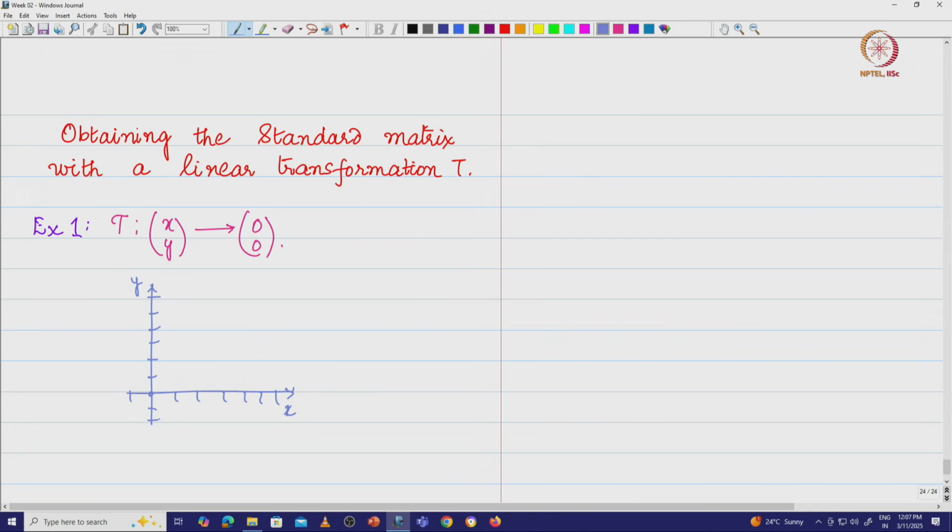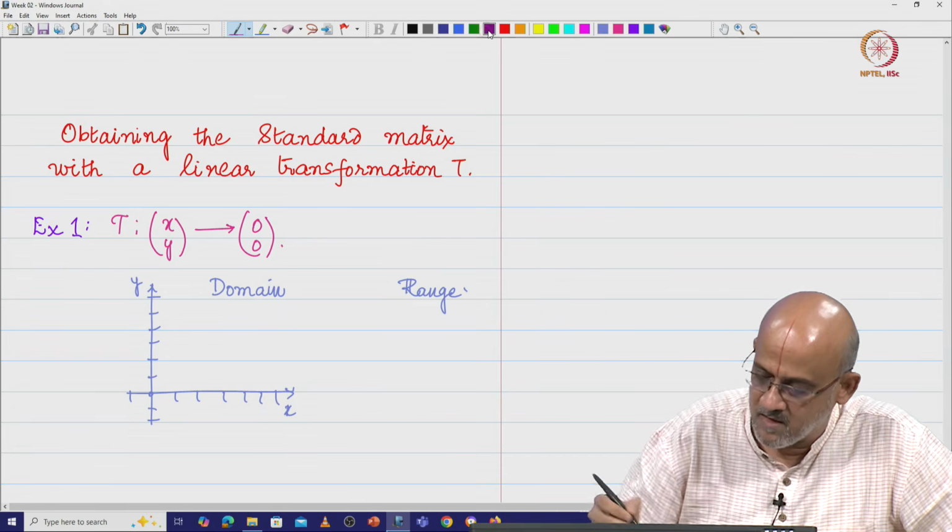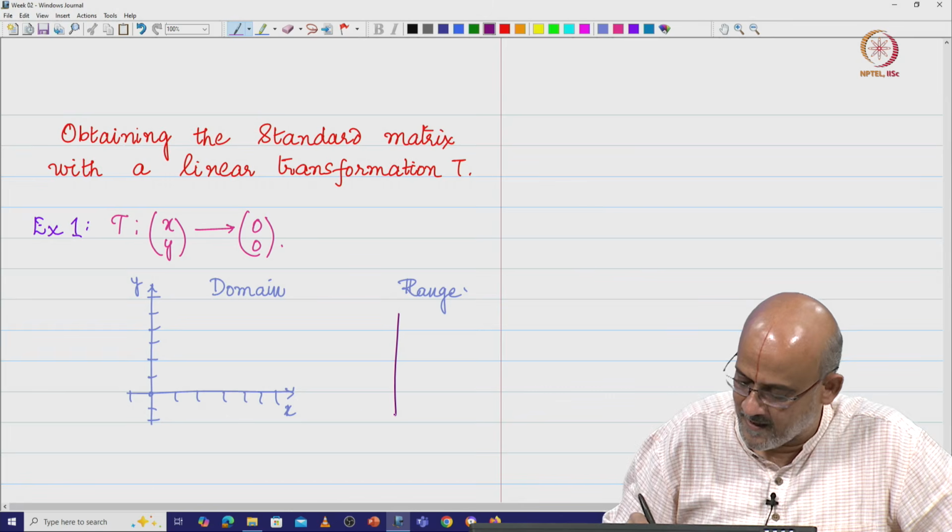The transformation is going to take every vector in R2 and map it to the 0 vector. So this is going to be my domain, and this is going to be my range.